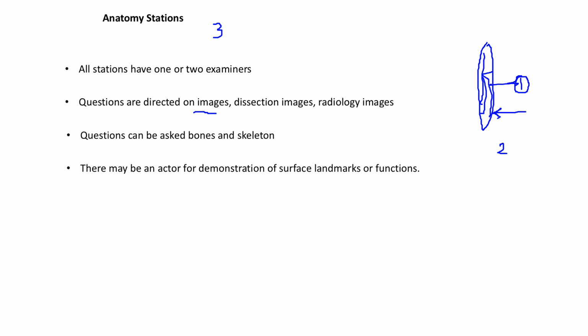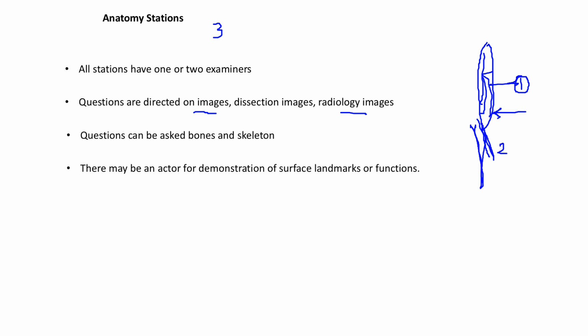And then they ask about a second image, maybe a nearby image like brachioradialis muscle, or maybe any structure in the cubital fossa like the median nerve or brachial artery. So the questions are based on dissection images, and can be radiology images like X-ray or CT scan, but they usually deal with normal anatomy.